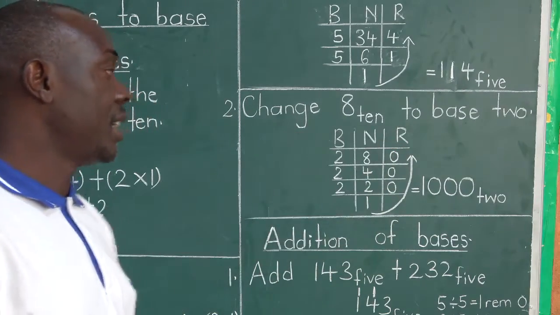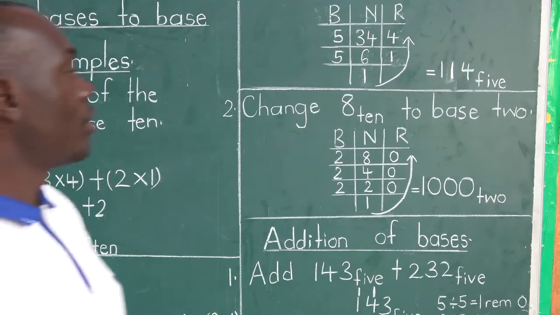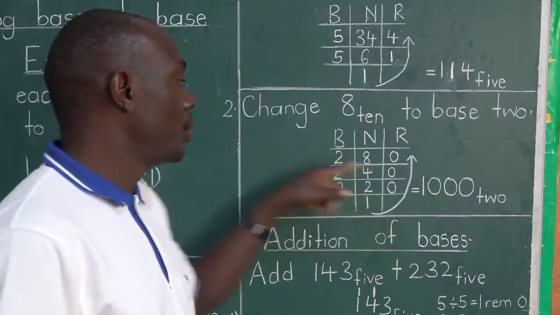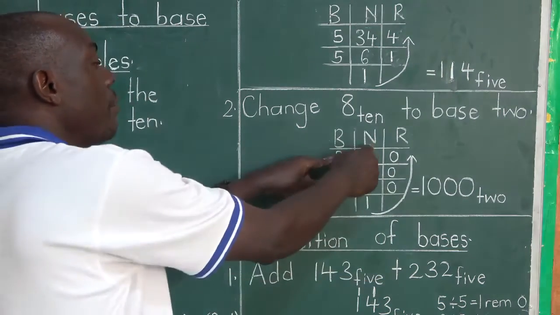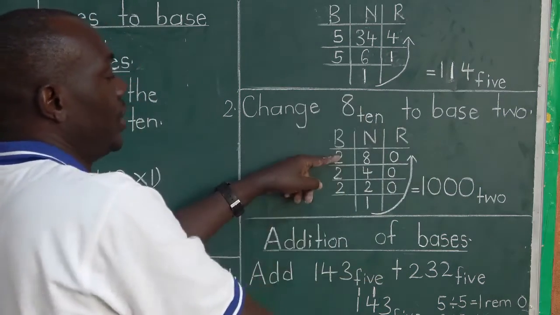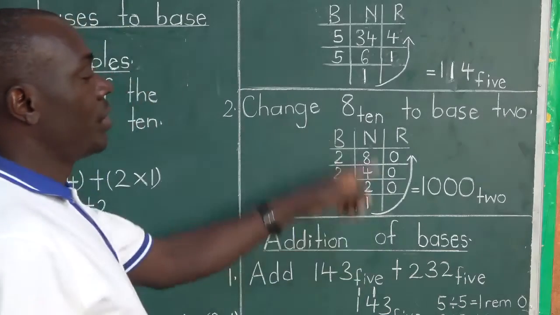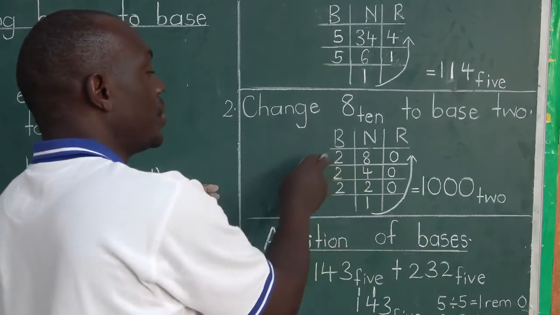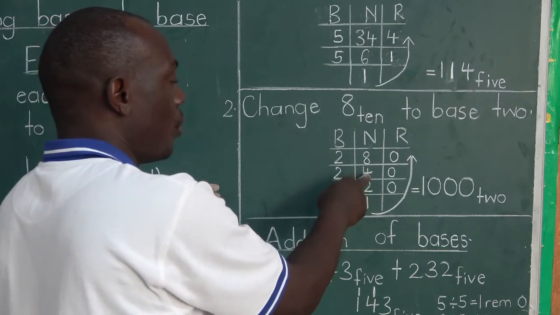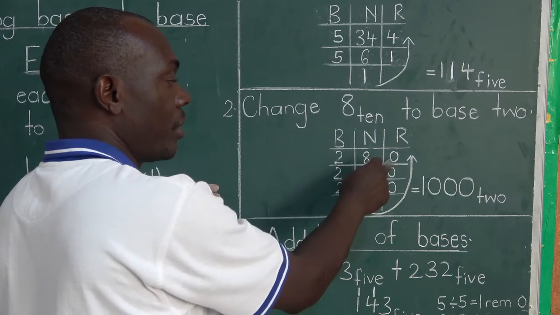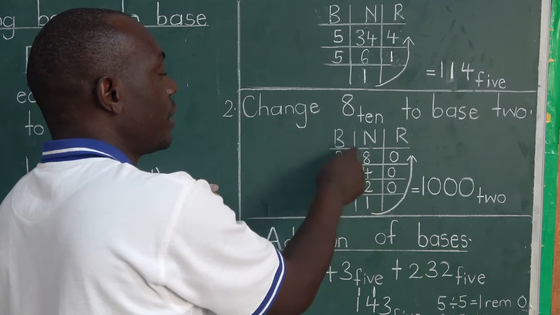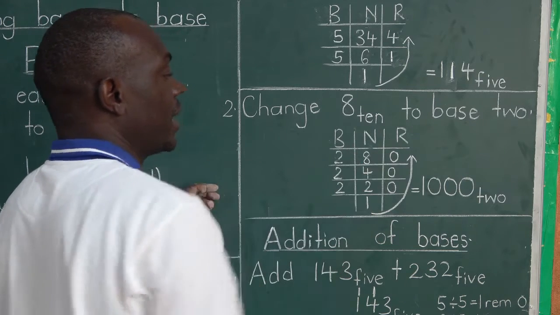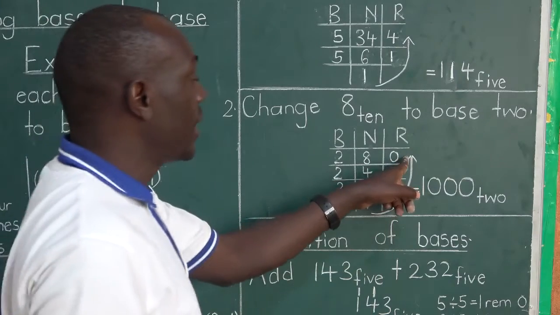Base number remainder. So the base to which we are converting is base 2. Write a 2. The number we are changing is 8. And now we divide. 8 divided by 2 is 4. Why? 2 times 4 is 8, meaning there is no remainder.